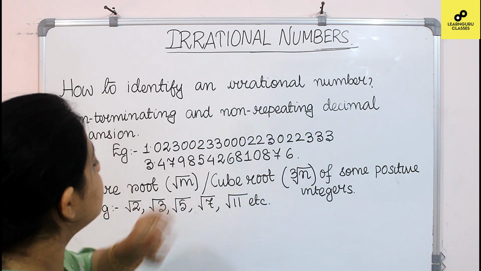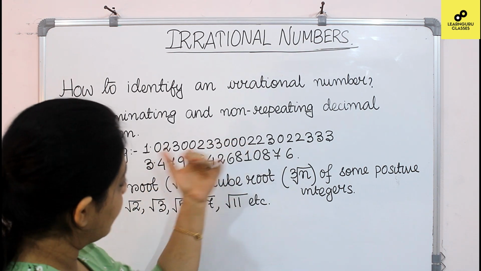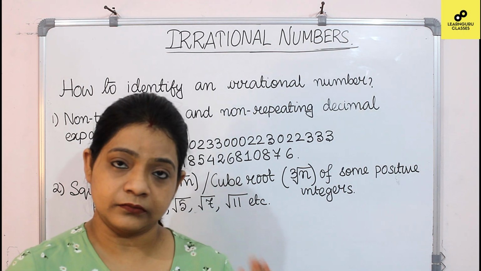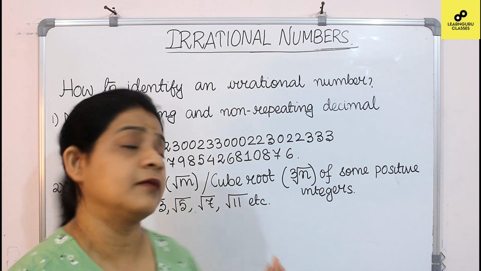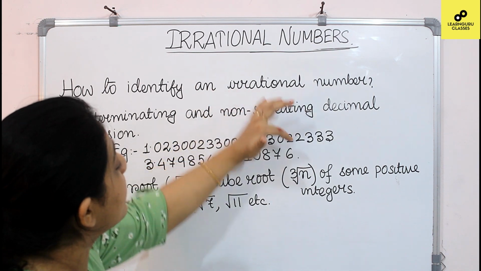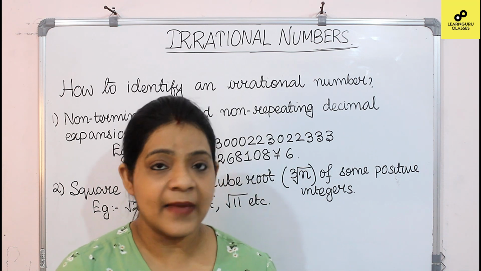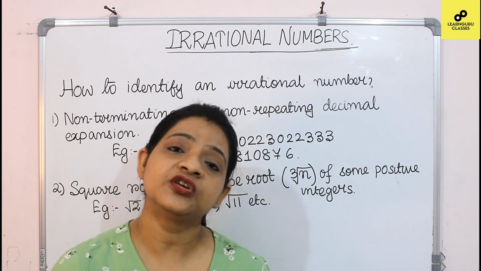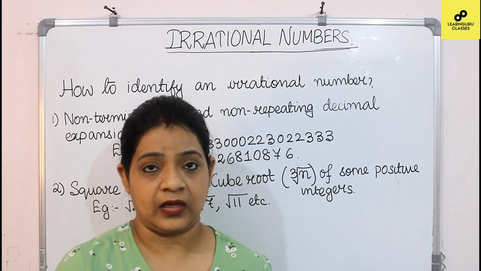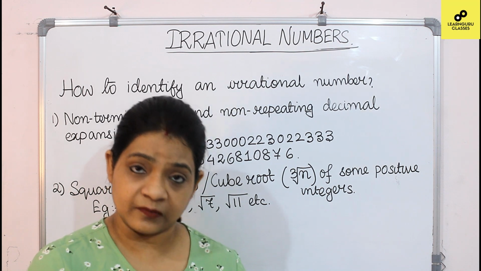In this example, after the decimal point the sequence consists of the digits 0, 2, 3, but then again 0, 0, 2, 3, 0, 0, 2, 2. Uniformity of the repetition of the digits is not maintained. Repetition occurs but not in a sequential or uniform way. So this is an example of a non-terminating and non-repeating decimal expansion.